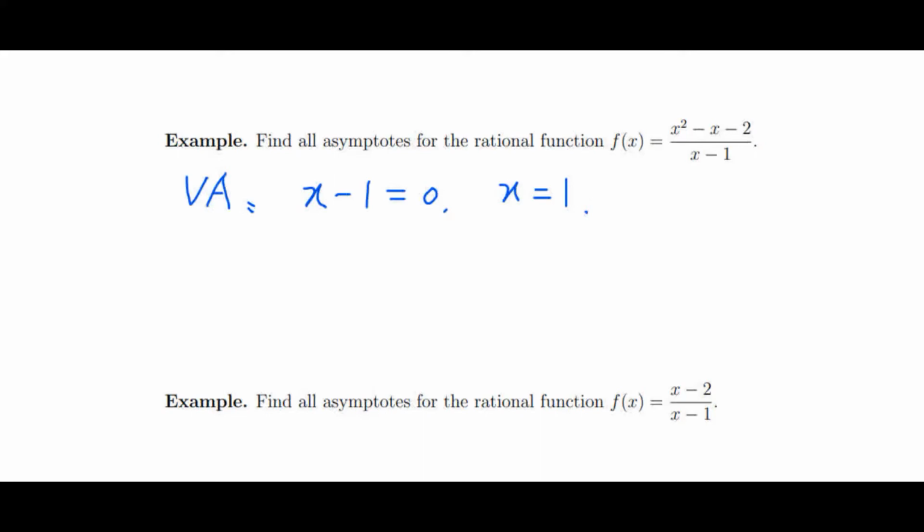By the way, the denominator cannot be 0. We say x minus 1 cannot be 0, so x cannot equal 1. This is the basic requirement for this function, so we call this requirement the domain. So domain is cannot be 0, while a vertical asymptote can be where it equals 0, right?